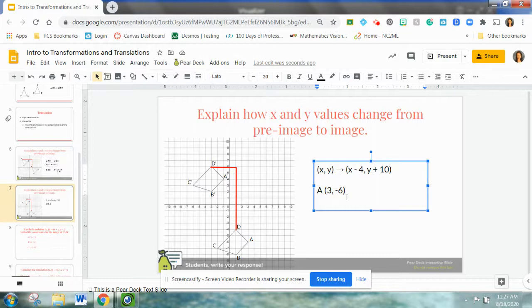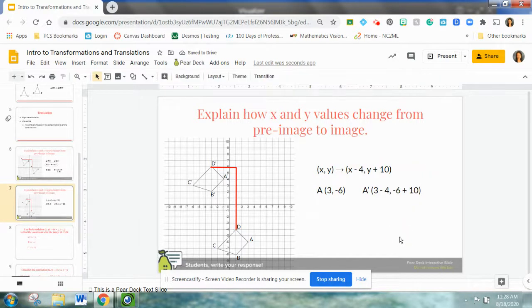Is A prime at -1 for an x value? Yes, it is. So what I've done is I'm finding A prime by doing 3 minus 4 for x, and then -6 plus 10 for y. So -6 plus 10 gives me +4, and my A prime value is +4. So this is the rule that translates all of my pre-image to all of my image.